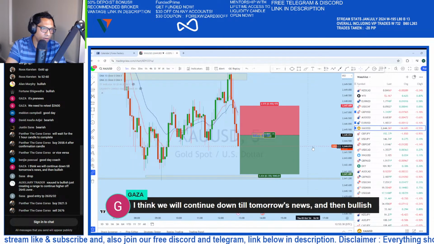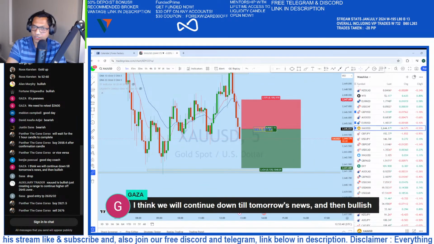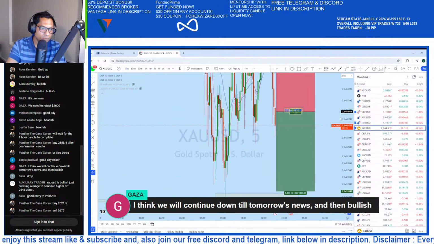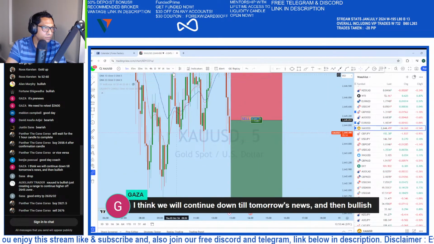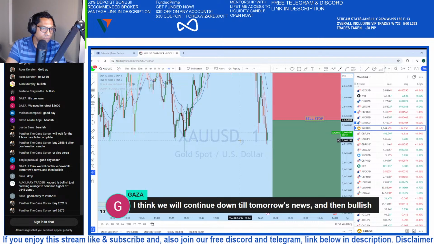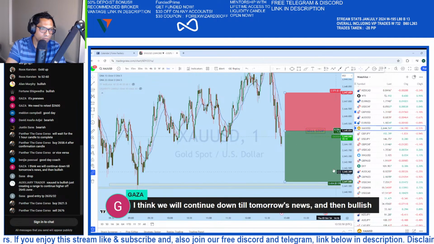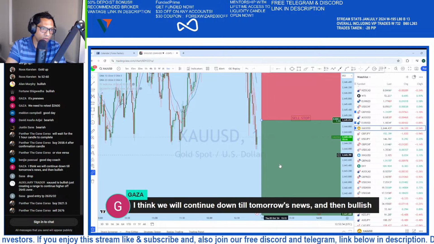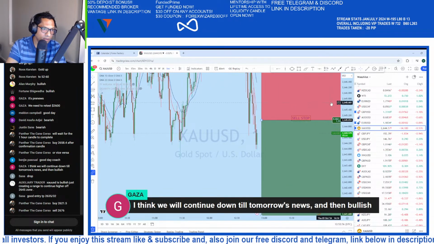Okay, pretty long bearish price action. Expecting for the market to return back.